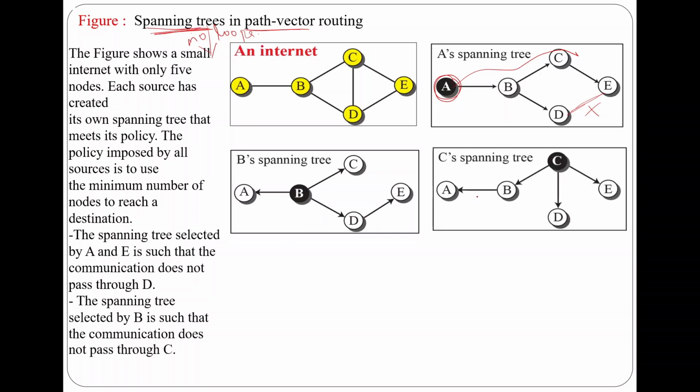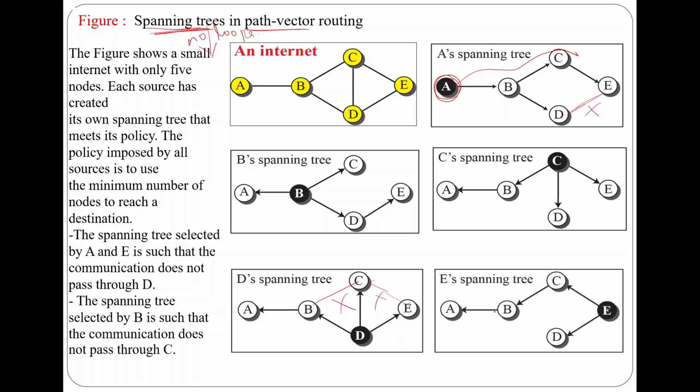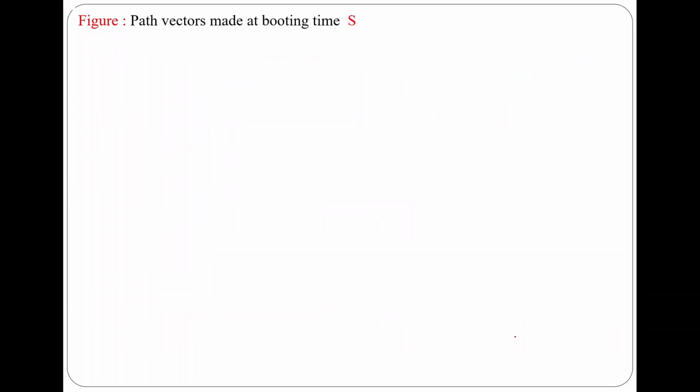Here also you can observe there are no loops, because it must obey the spanning tree. In a spanning tree, no loops should be there. If you make a connection here, a loop will be created, so that is not allowed. If you make any edge here, that is also not correct.